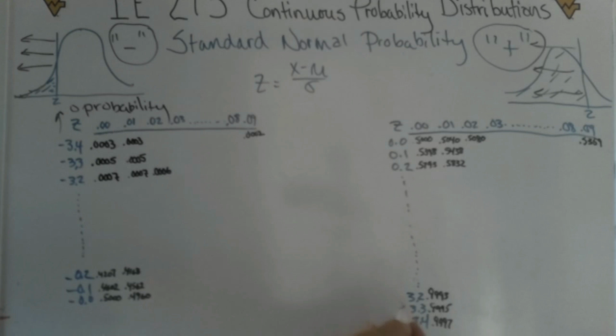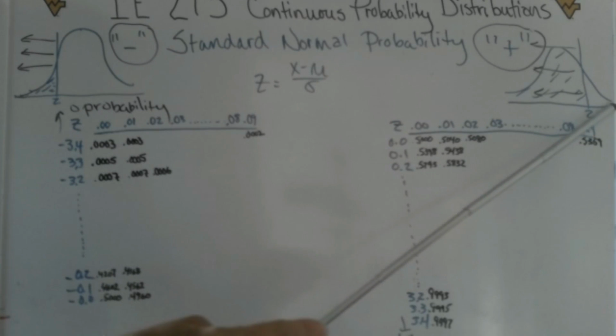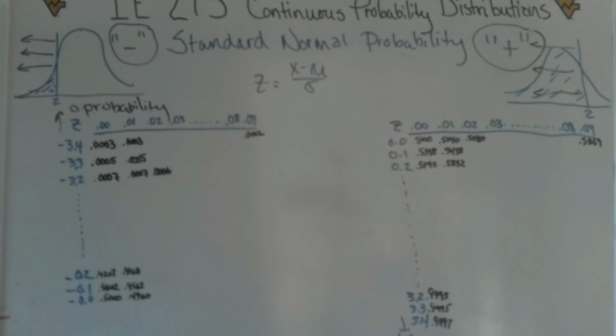Anything greater than a positive 3.4 is approaching 1, because as it goes out to this tail, it's reading this way, getting closer and closer to the line, which is 100%. Remember, when we talked about our empirical rule, we said that 99.7% of all your data is within 3 standard deviations.